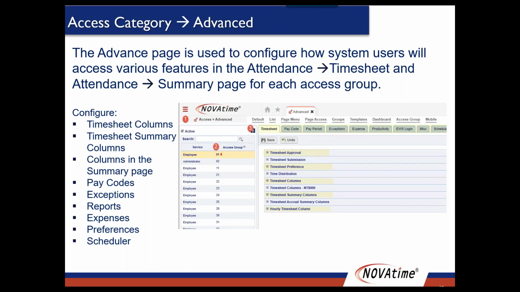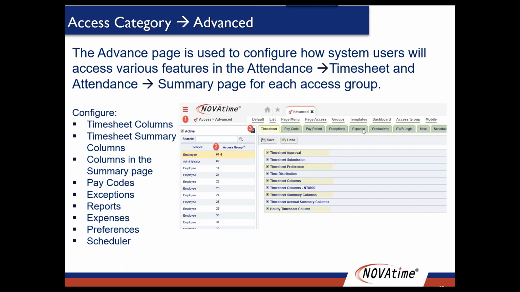So the next category that we're going to focus on is the advanced page, but we're going to focus under this one here where it says timesheet, pay codes, and pay periods. So this is where you're going to spend the most amount of time. This is where per each of your access groups, you can define what pay codes those employees can see. You can also, if you want those employees to see specific exceptions, this is where those are going to be modified.